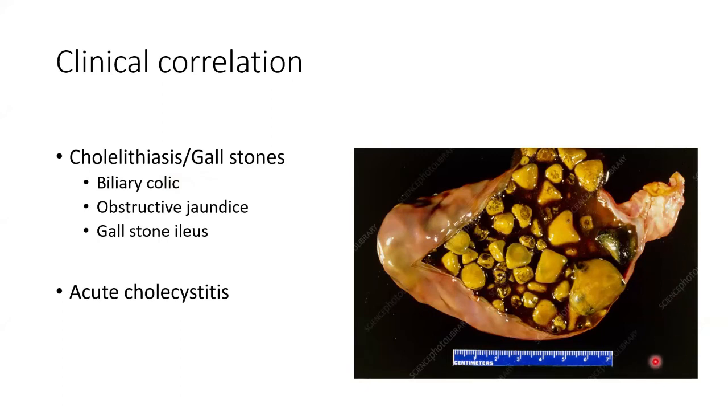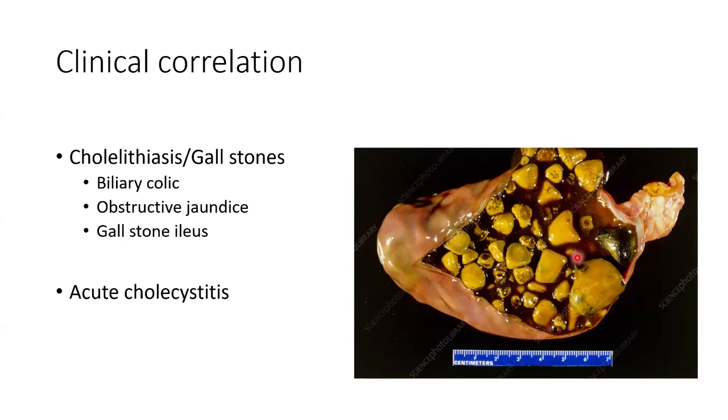They can block the biliary system, and when it is blocked, the gallbladder will try to somehow get rid of the bile with contractions, and this excessive contraction will cause pain.